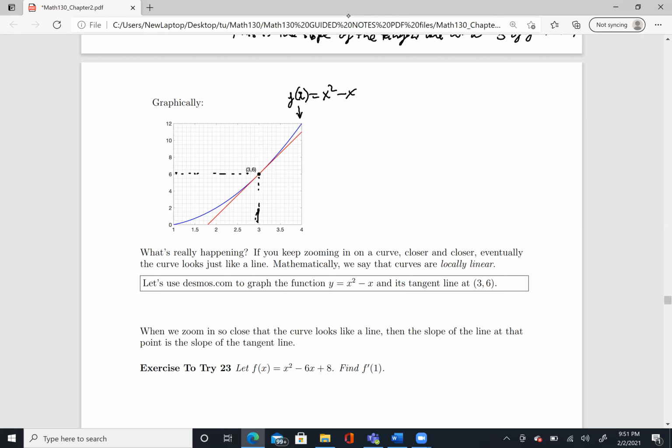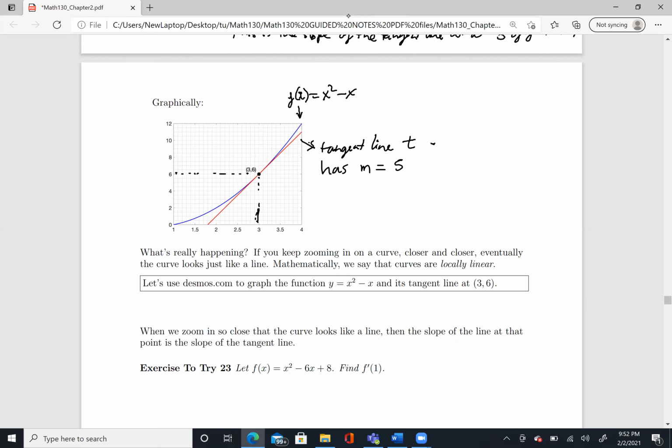If you want to know it, at point x equal to 3 and y equal to 6, you can have a tangent. A tangent is a line that touches the graph at one point. Okay, so tangent T has slope equal to 5.